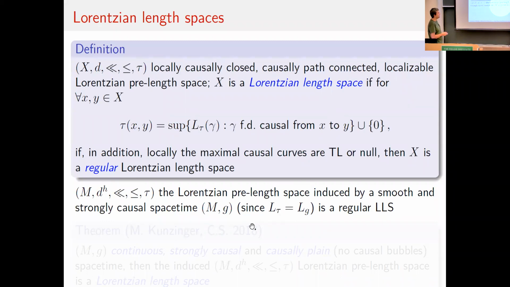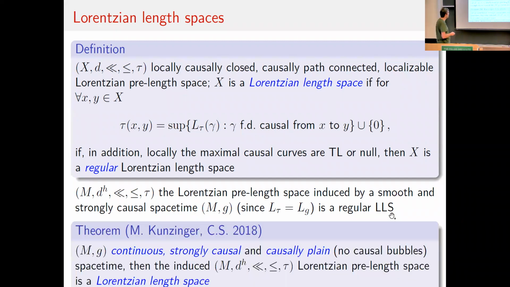And the funny thing is, for example, Penrose always used this tau length, but of course he didn't call it that. When he defines the length of a causal curve, he sums up what he calls trips, which are the short geodesics, but then he never shows that this gives you the usual length. And it's actually non-trivial to show that this is the same. And then what you get here is actually a regular Lorentzian length space.